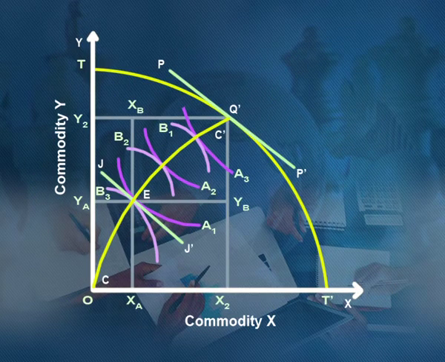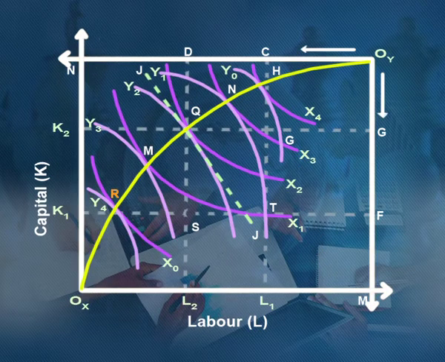Now, if all prices are doubled, Px is equal to 40, Py is equal to 20, W is equal to 60, R is equal to 20, then the relative price Px by Py is equal to 40 by 20, which is equal to 2 by 1, and the relative price W by R is equal to 60 by 20, which is equal to 3 by 1.